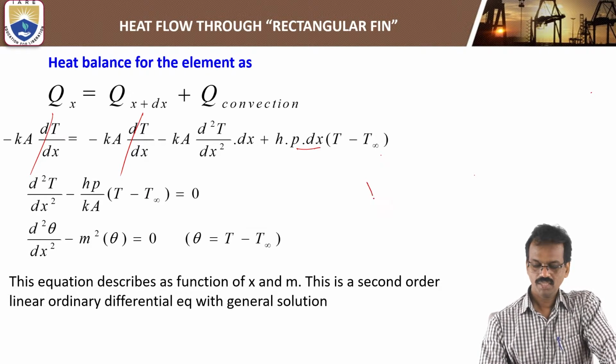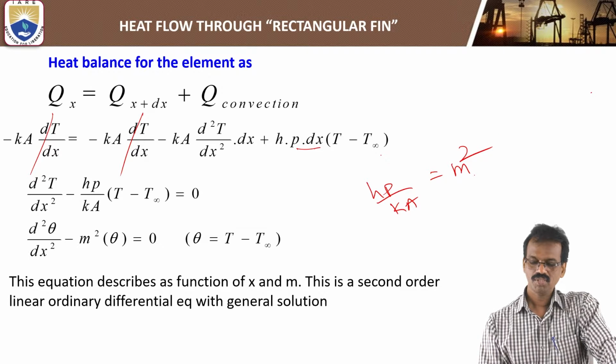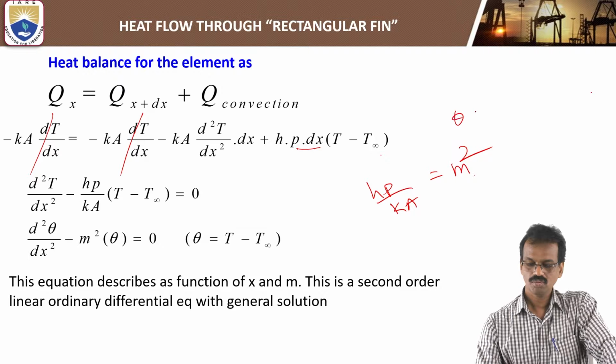Here we can take hP by kA as m square, so m square is equal to hP by kA, and theta is equal to T minus T infinity.